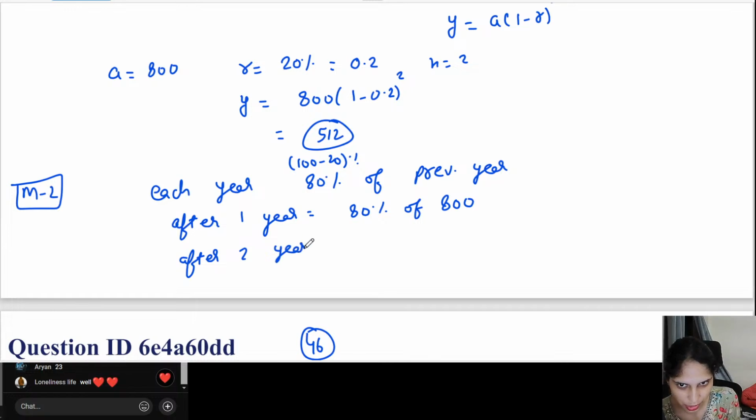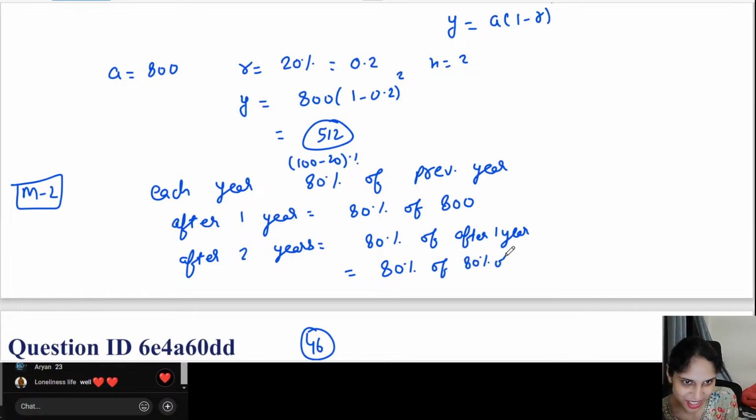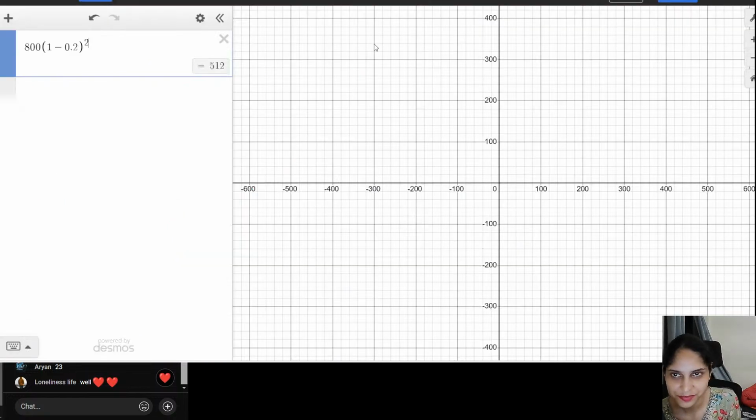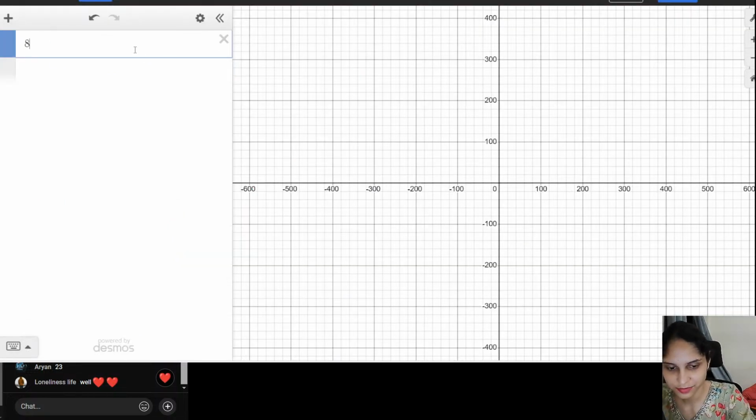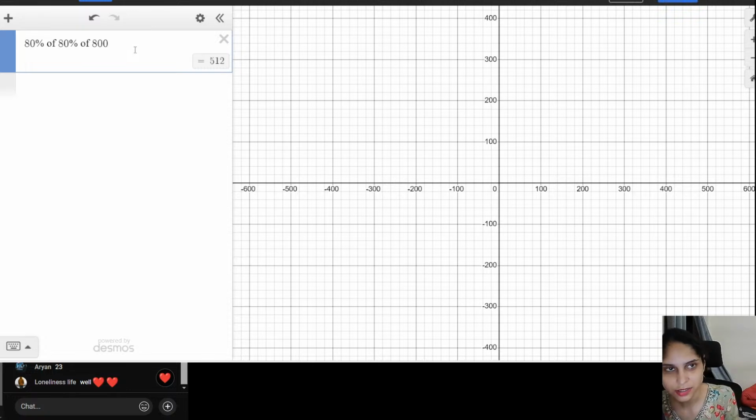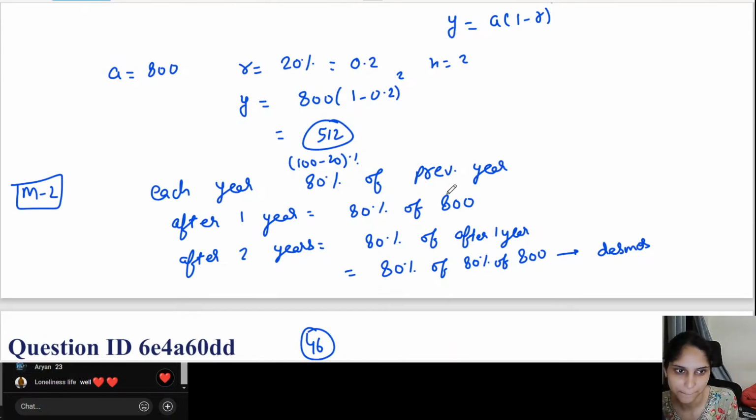After 2 years, it will be 80% of the 1 year value, and this is going to be 80% of 80% of 800. So this also you can put in Desmos and get your answer. So 80% of 800. Answer is going to be 512 only.